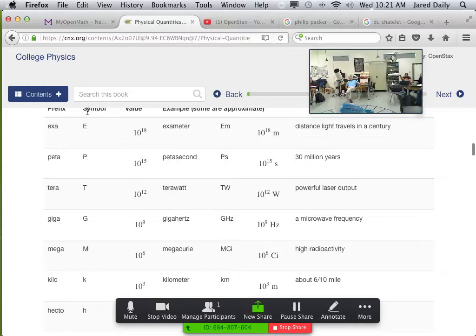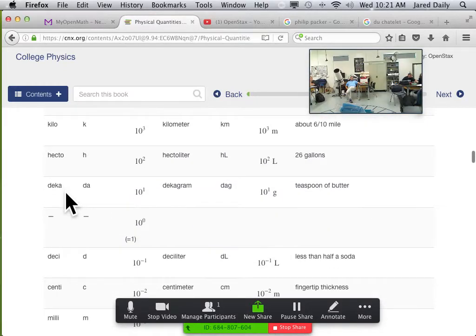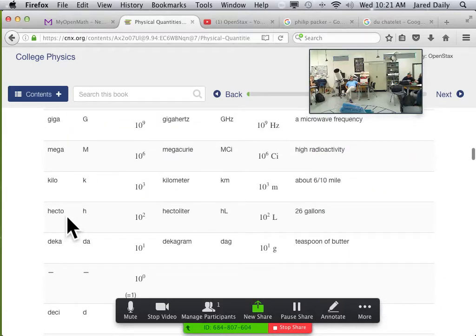So we use these prefixes to determine what we're dividing by. The ones that we use pretty regularly are right up here in the middle. So if you're not dividing or multiplying by anything, of course you're not using a prefix, it's just the meter, for example. But if you divide a meter by 100, then you get a centimeter. If you multiply a meter by 1,000, you get a kilometer, right?